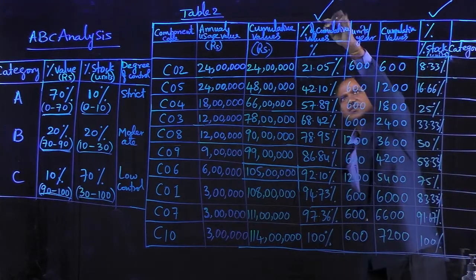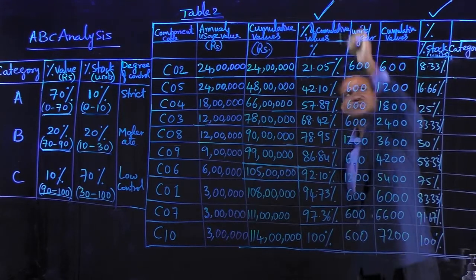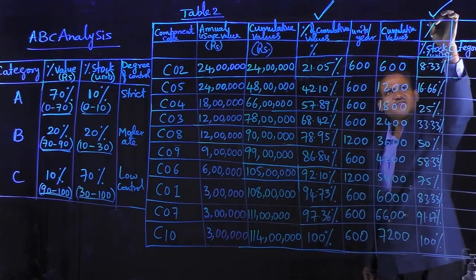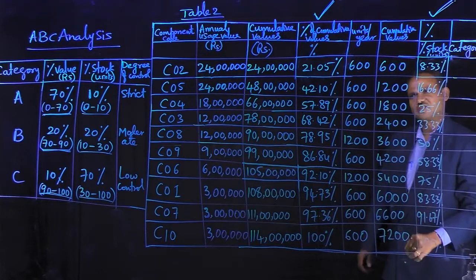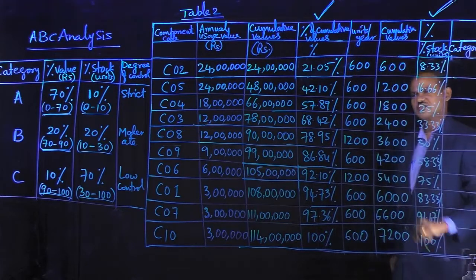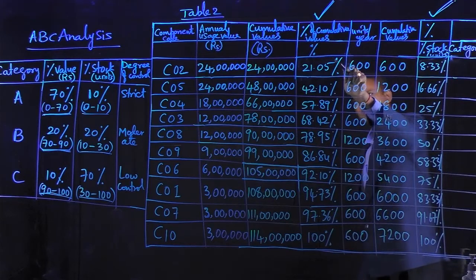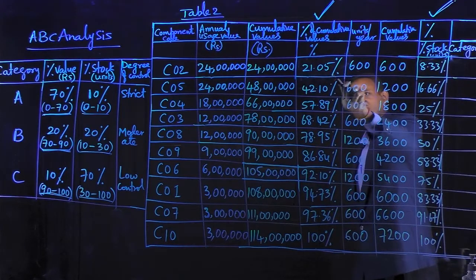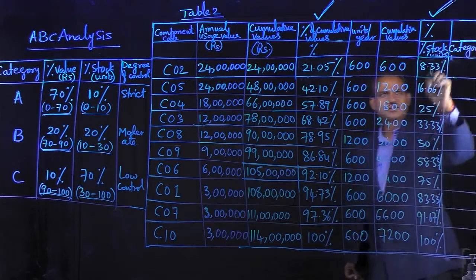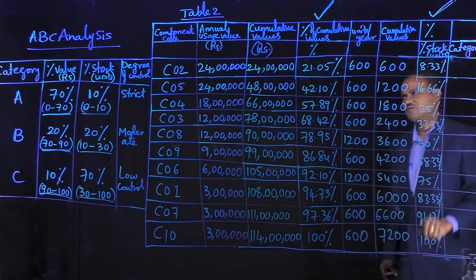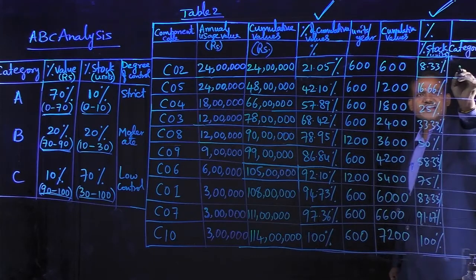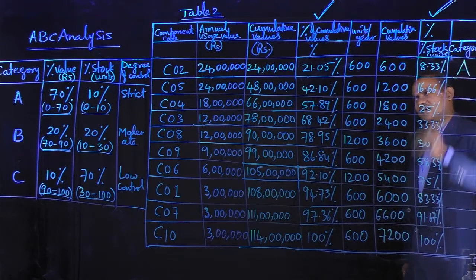Only observe the percentage of cumulative values and the percentage of cumulative stock values. Observe these two percentages. First component C02. For C02, the percentage of annual cumulative values is 21%, stock value is 8.3. It falls under category A. Okay.